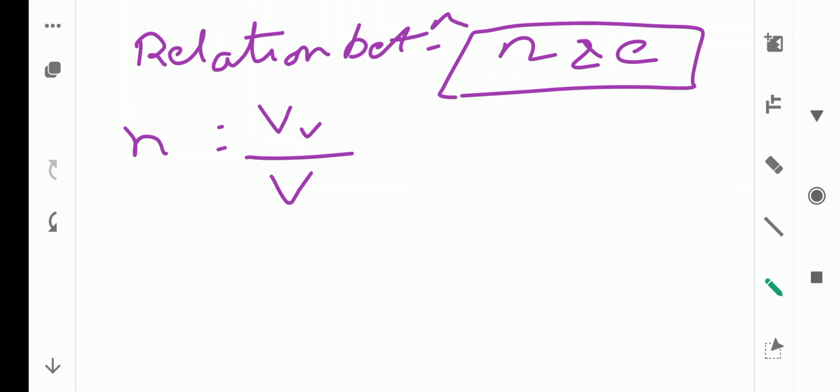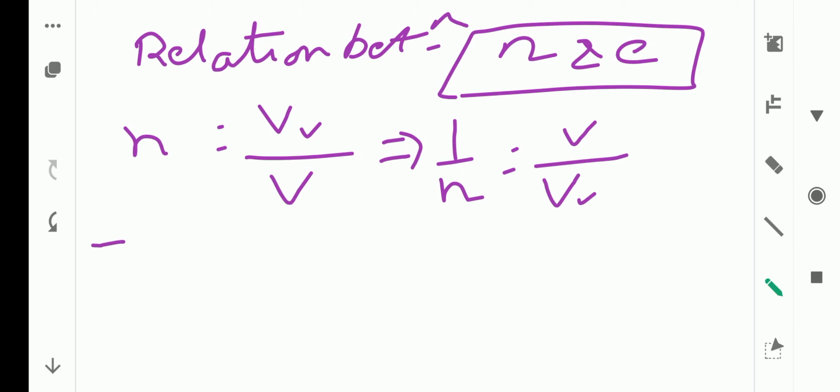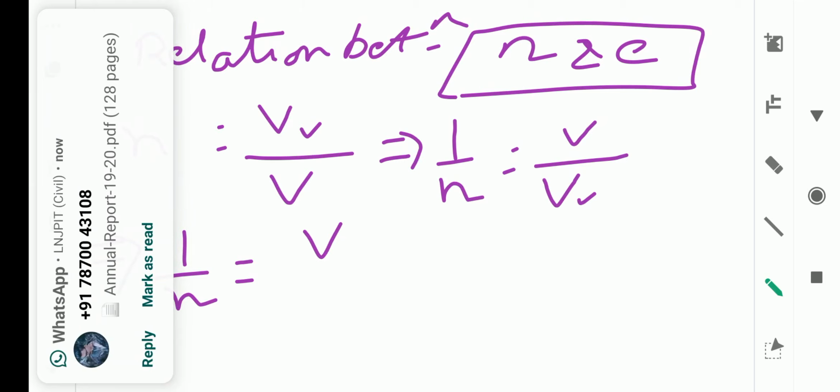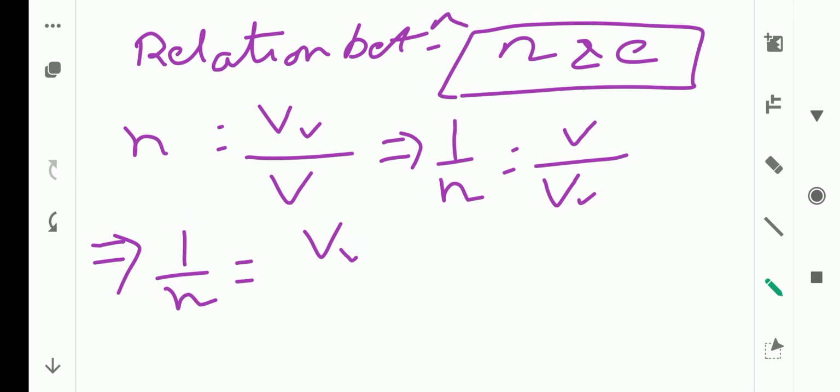Okay. So what is 1 by n? Isn't it total volume by volume of voids? Yes. So it can also be written that 1 by n is equal to total volume, which can be written as volume of voids plus volume of solids divided by volume of voids.